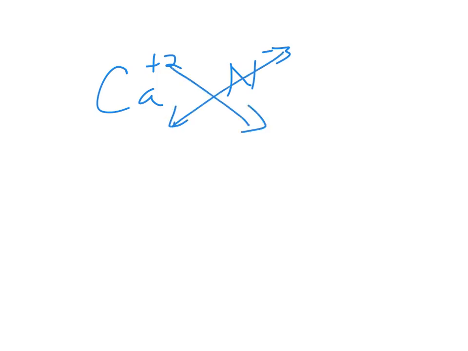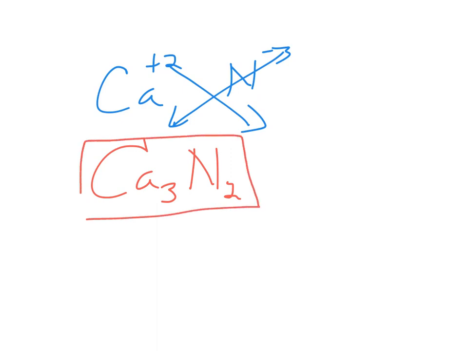Remember, it's going to come to the bottom. So calcium does not move. The 3 comes down without a charge. Nitrogen also does not move. The 2 just comes down here without a charge. Okay, this is your chemical formula. I have 3 calciums for every 2 nitrogen. Now that's because these numbers cannot reduce or cancel out.